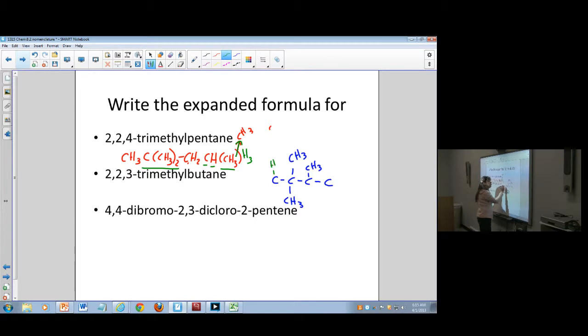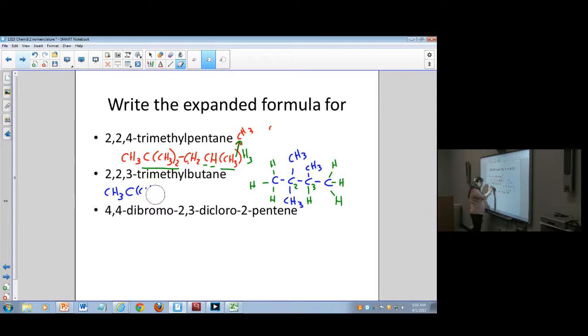This will have to have 1, 2, 3. This carbon 2 already has 4 bonds. I don't need to do anything to it. Carbon 3 needs 1 hydrogen, and then carbon 4 needs 3 hydrogens to fulfill the octet rule. So in writing this structure in a formula, I would write CH3, C, (CH3)2, in parentheses.